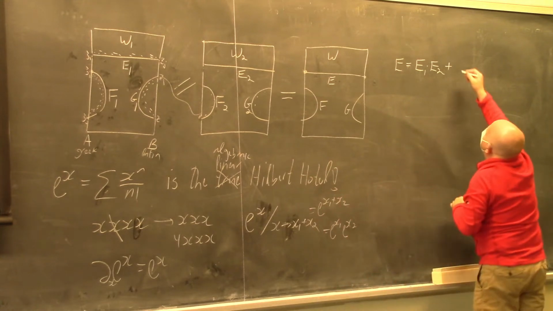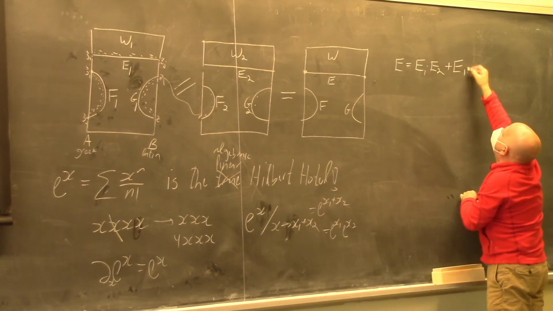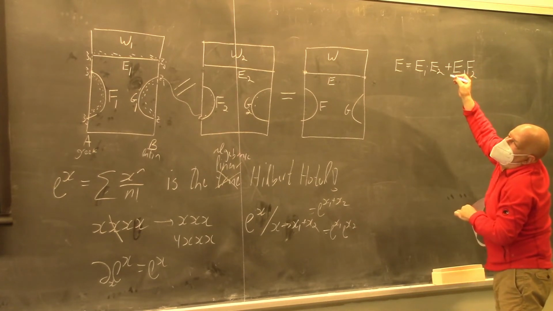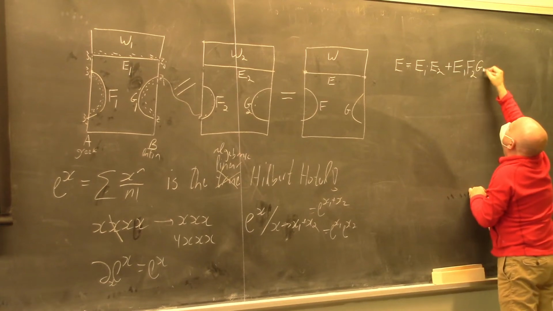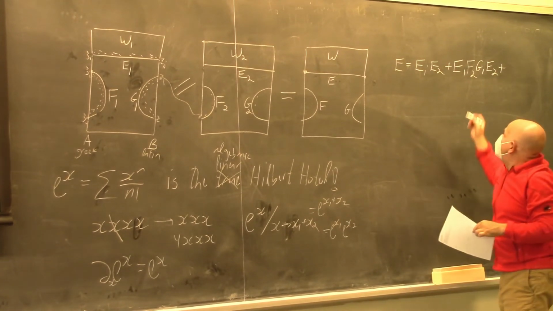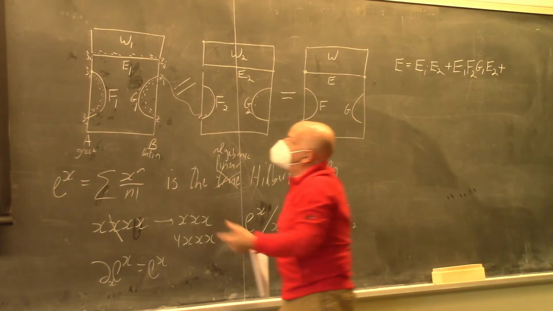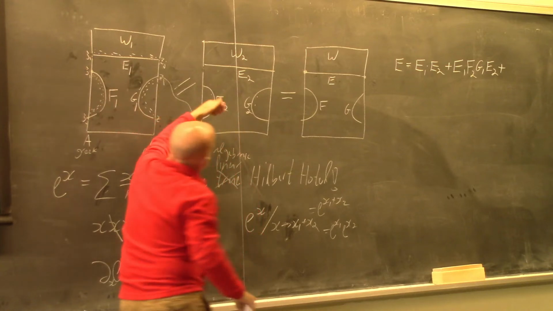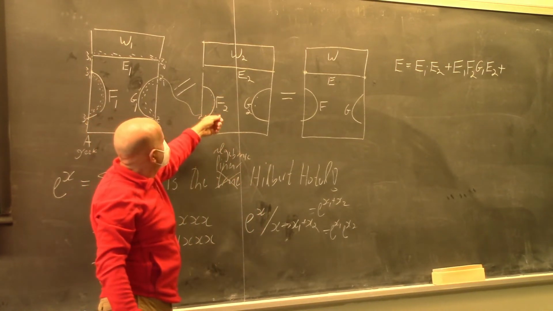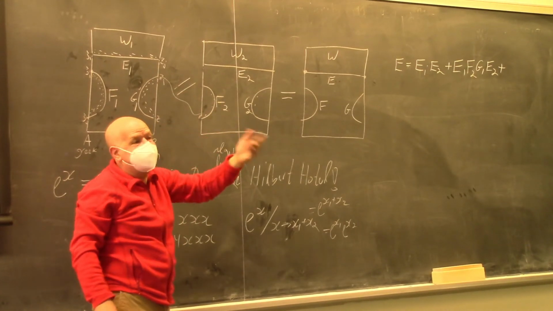So the next contribution is E1 times F2 times G1 times E2. But then I could have done this thing twice. So I would get a contribution. And by the way, each time I compute such a contribution, in principle, I remove one copy of F or one copy of G, but that doesn't change anything.